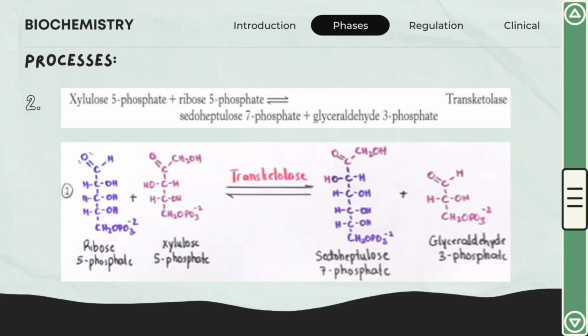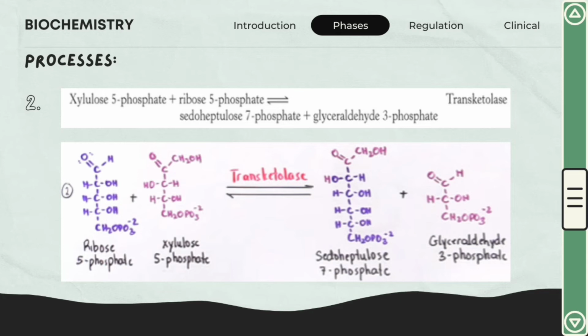So notice both of those are pentose sugars, 5-carbon sugars, and when we transfer the OCCH2OH of the xylulose 5-phosphate into the COH part of the ribose 5-phosphate, we basically extend the sugar by 2 carbons, and we form a 7-carbon sugar known as sedoheptulose 7-phosphate.